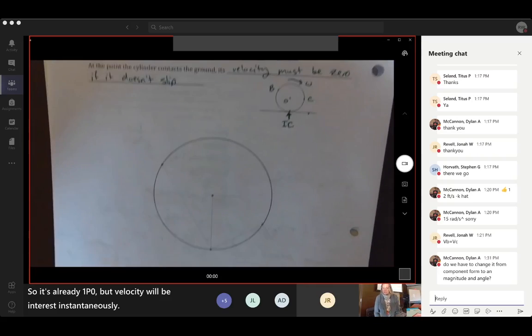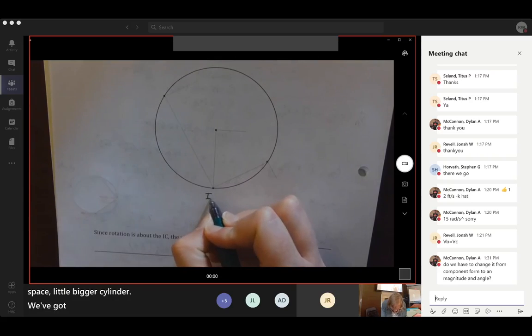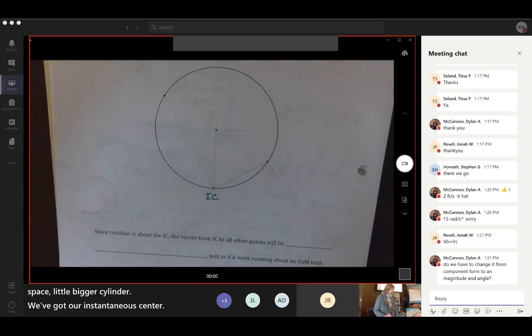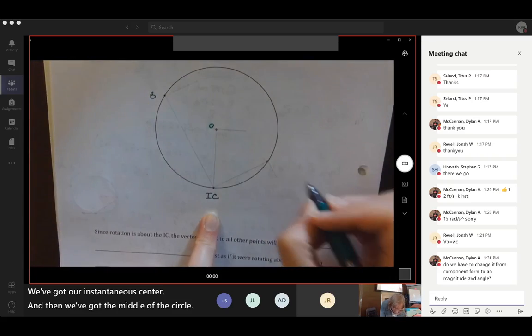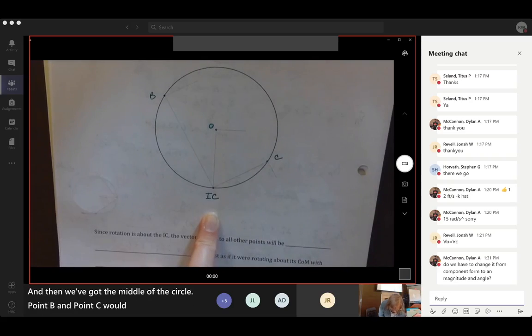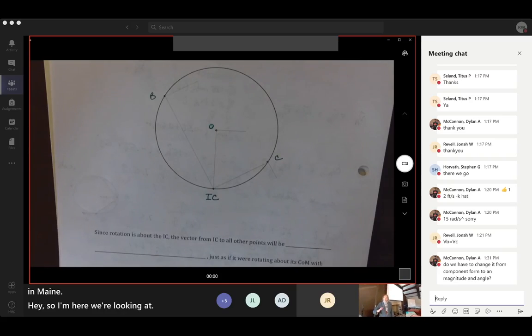Okay, so if we look at this on a little bigger space, a little bigger cylinder, we've got our instantaneous center. And then we've got the middle of the circle, point B and point C, which I apparently moved down a little bit from what you had it in the higher diagram. Okay, so on here, we're looking at a number of different pieces.